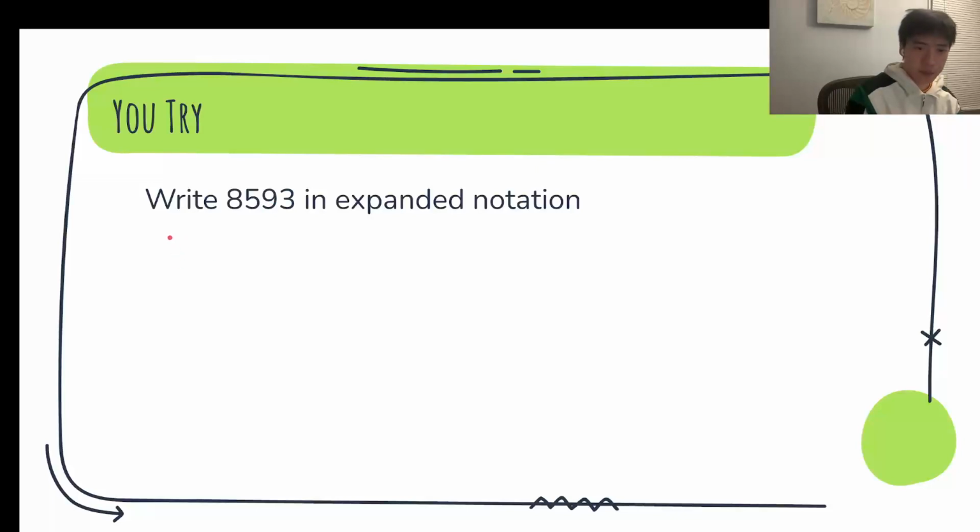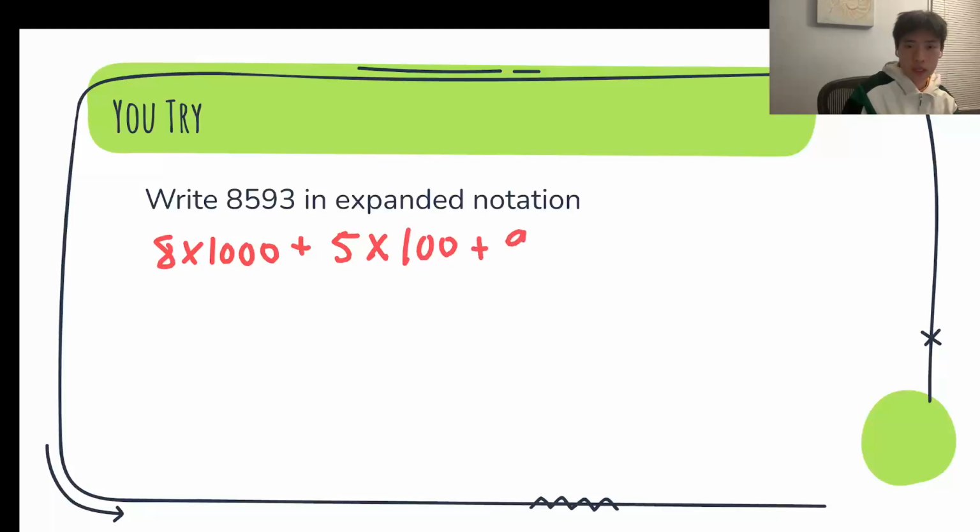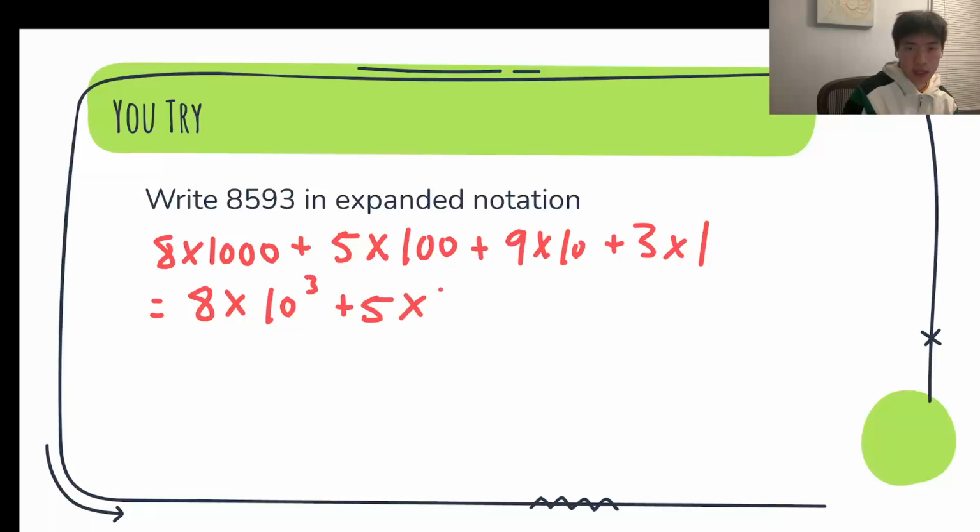So we get 8 times 1,000 plus 5 times 100 plus 9 times 10 plus 3 times 1, which is equal to 8 times 10 to the power of 3 plus 5 times 10 to the power of 2 plus 9 times 10 to the power of 1 plus 3 times 10 to the power of 0. There we go. This is this in expanded notation.